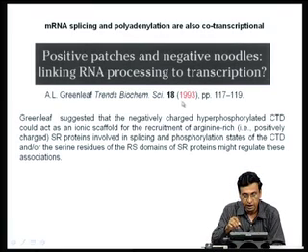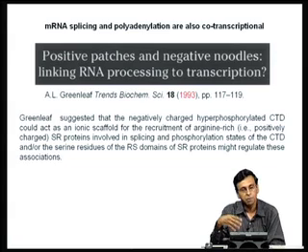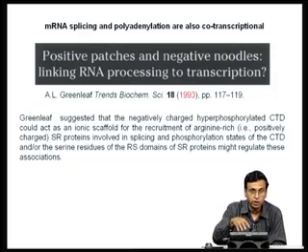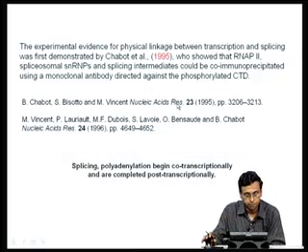So, this review in Tips talks about how RNA polymerase II can play a very important role in splicing, and depending on the phosphorylation status of the RNA polymerase CTD as well as the phosphorylation status of the serine-rich proteins, or SR proteins, which are involved in splicing, the splicing may actually be regulated by RNA polymerase II.